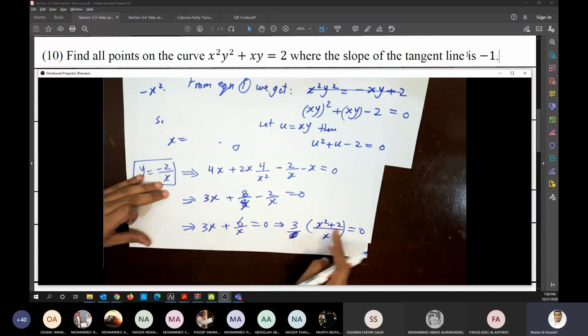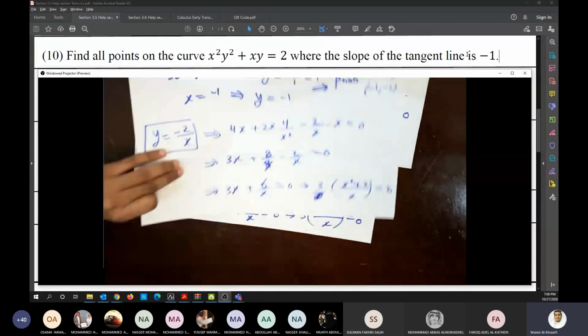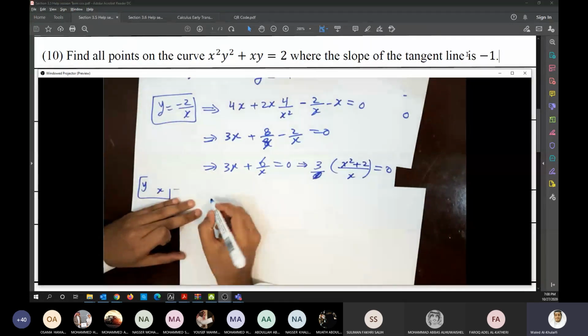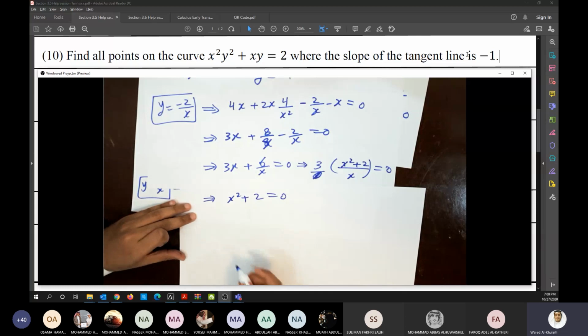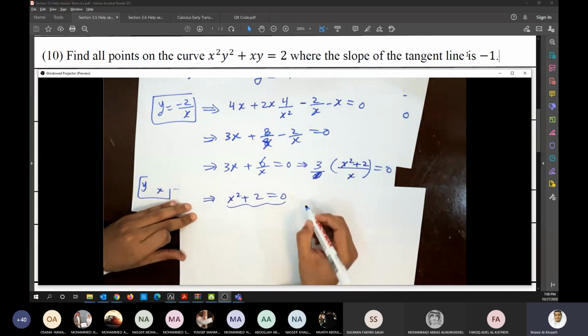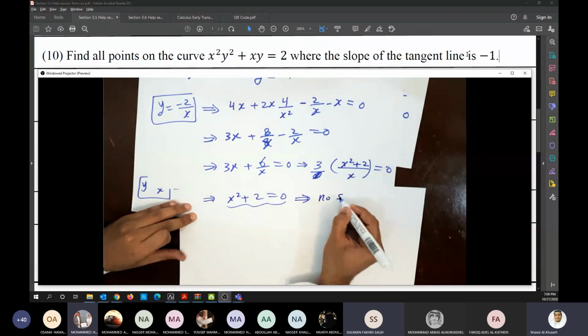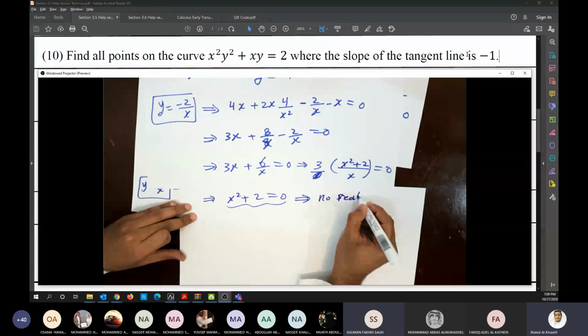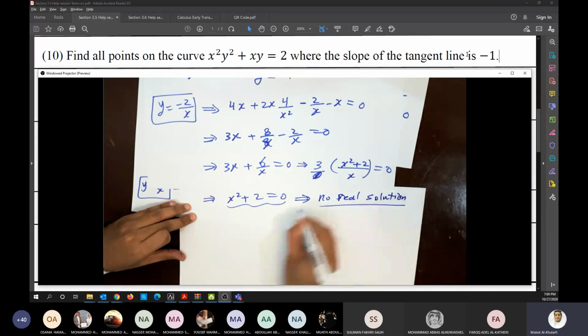I took 3 as a common factor, so I have x squared plus 2 equal to 0. What does this mean? It means that x squared plus 2 equals 0. Is there a solution for this one? No. Let's say complex numbers. Yeah, exactly. No real solution because you are looking for x as a real number.